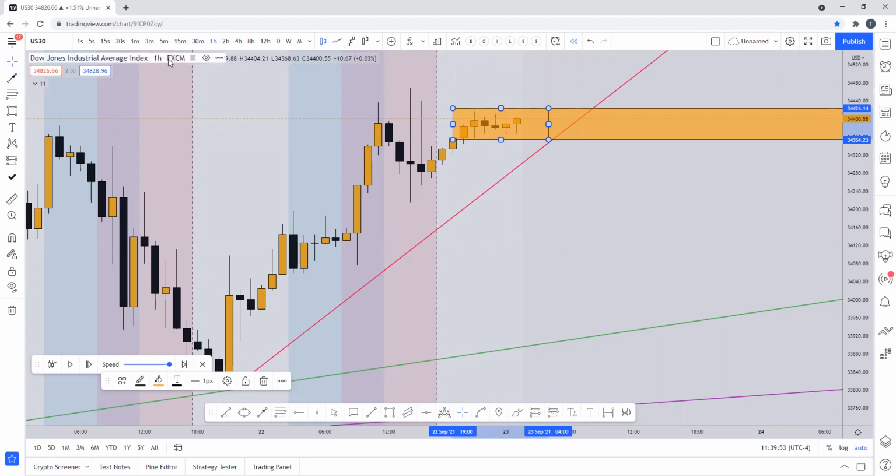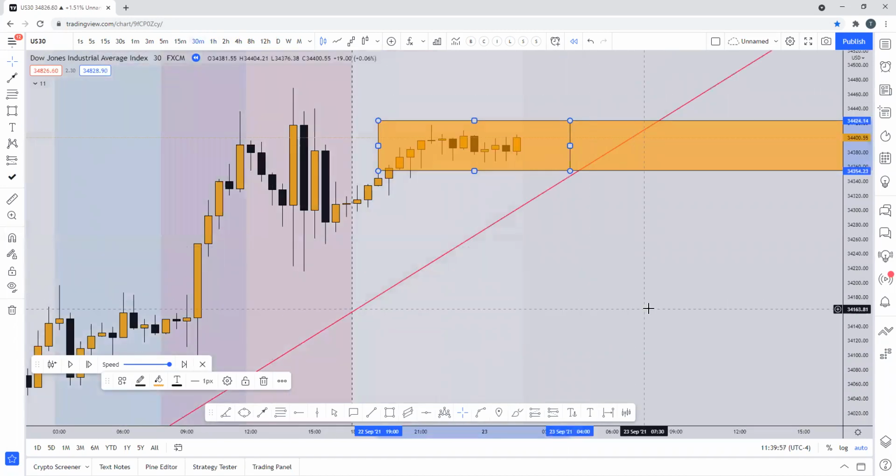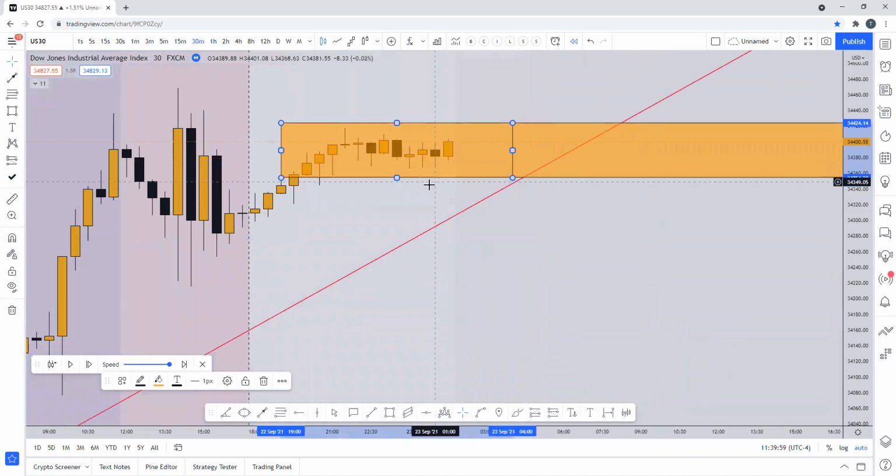So let's go to the 15-minute where we would like to enter. And on the 15-minute, we're still looking for a price inside of here. I'm not going over all of how I figured this out, because you can watch my how to do top-down analysis video to get that information, or even one of my other videos talking about sniper entries.